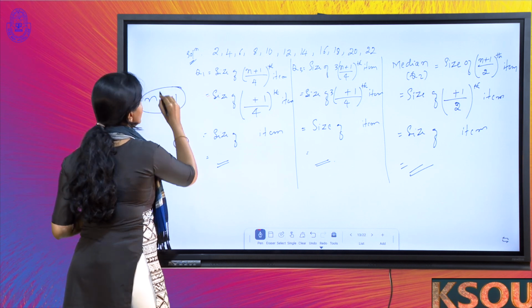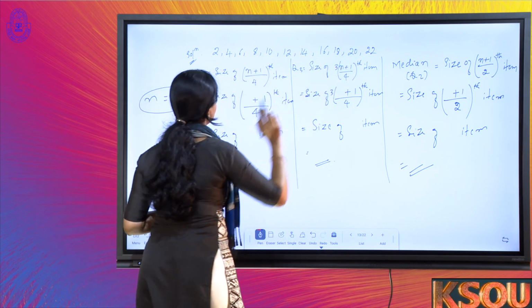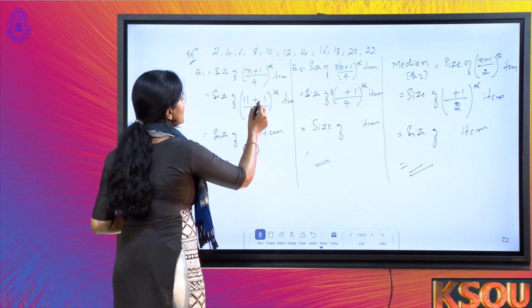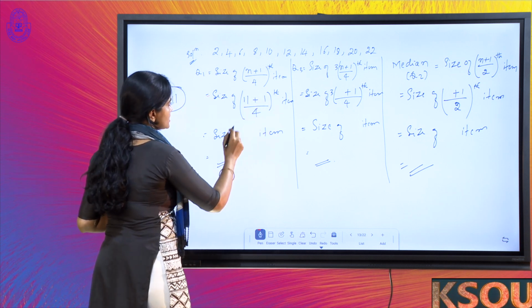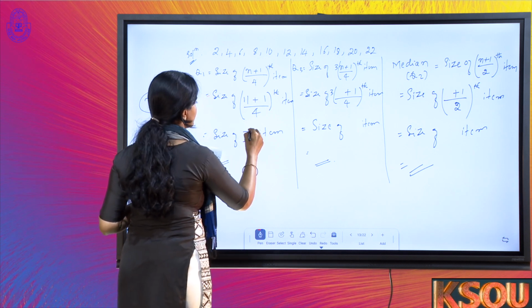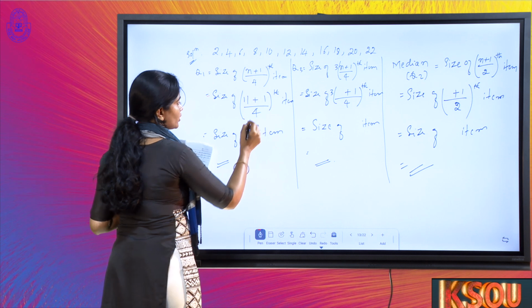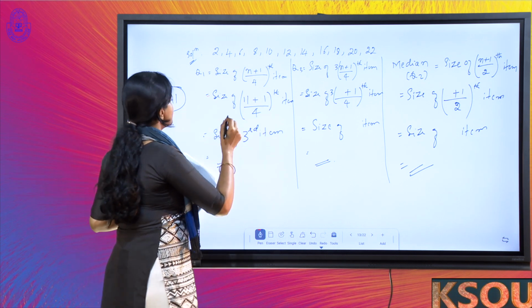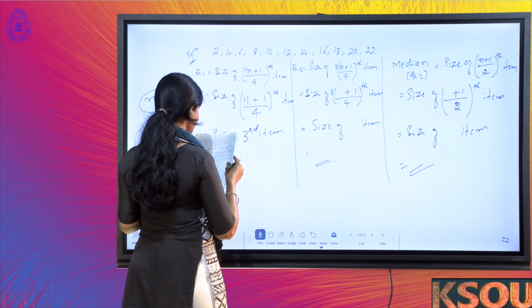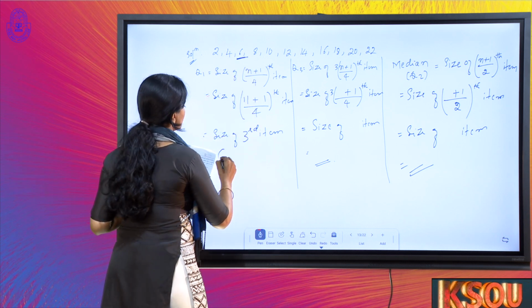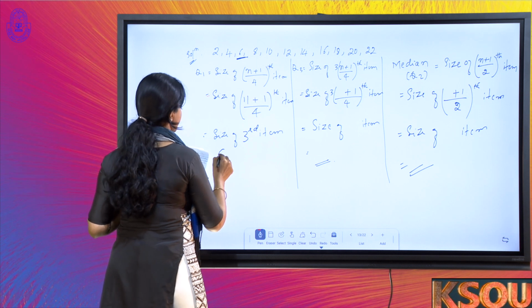So, we have 11 values here. So, size of 11 plus 1 by 4th item. So, 12 by 4 you will get 3. So, size of third item. What is the size of the third item here? What is the third item? 6, right. So, Q1 is 6.